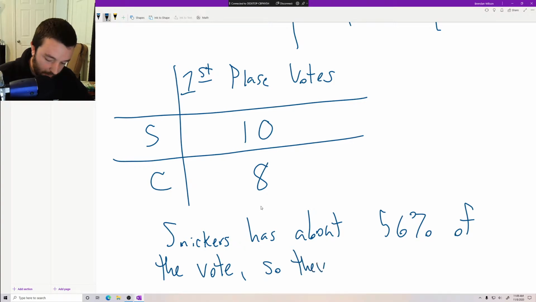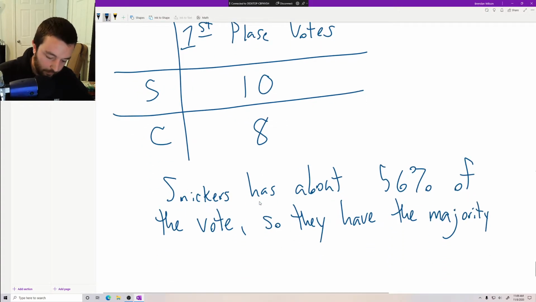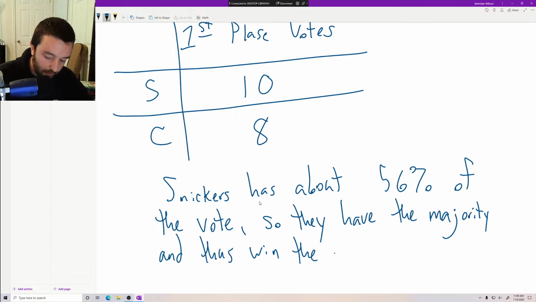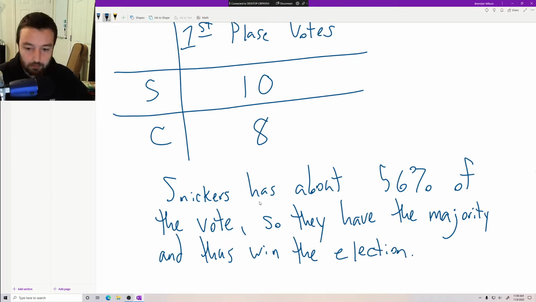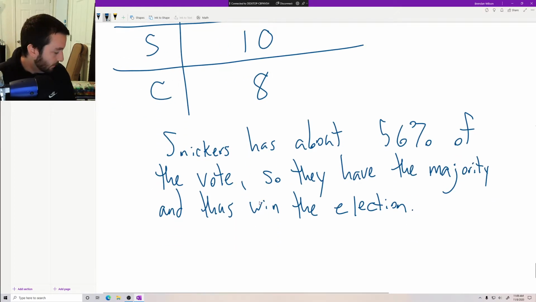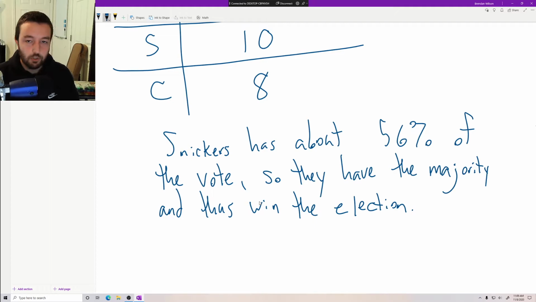So they have the majority, and thus win the election. Okay, so this is the sequential runoff method.